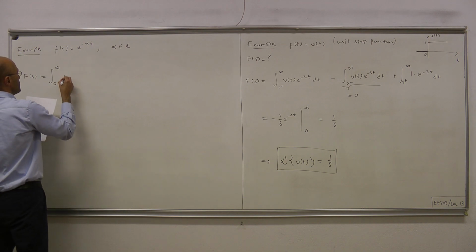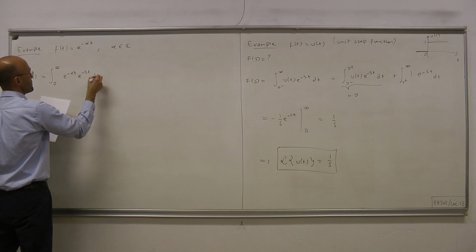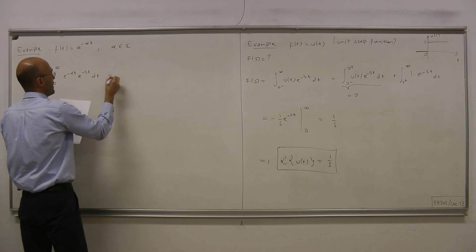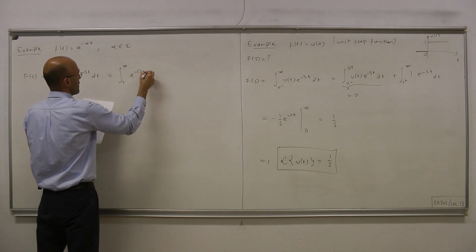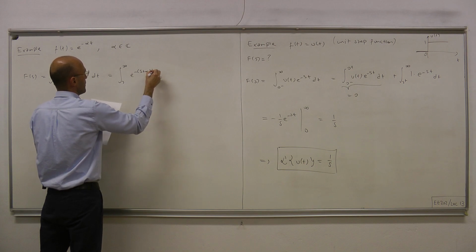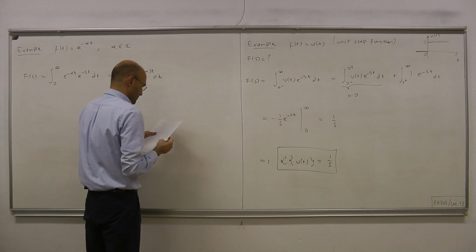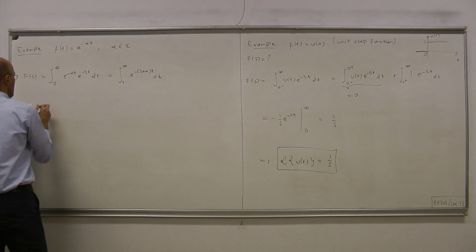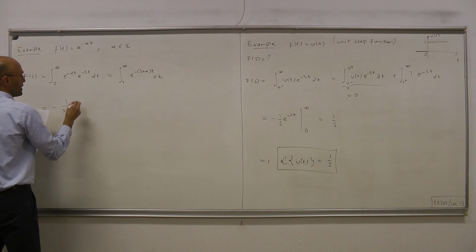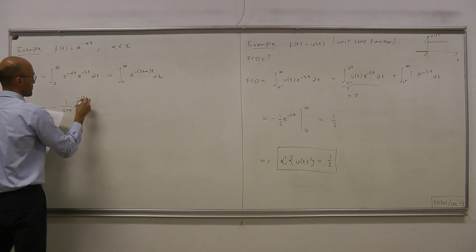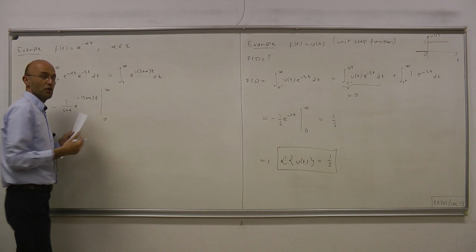So what we have is e to the minus alpha t e to the minus st dt, and that equals the integral from 0 to infinity of e to the minus s plus alpha t dt. And that equals minus 1 over s plus alpha e to the minus s plus alpha t, evaluated from 0 to infinity.